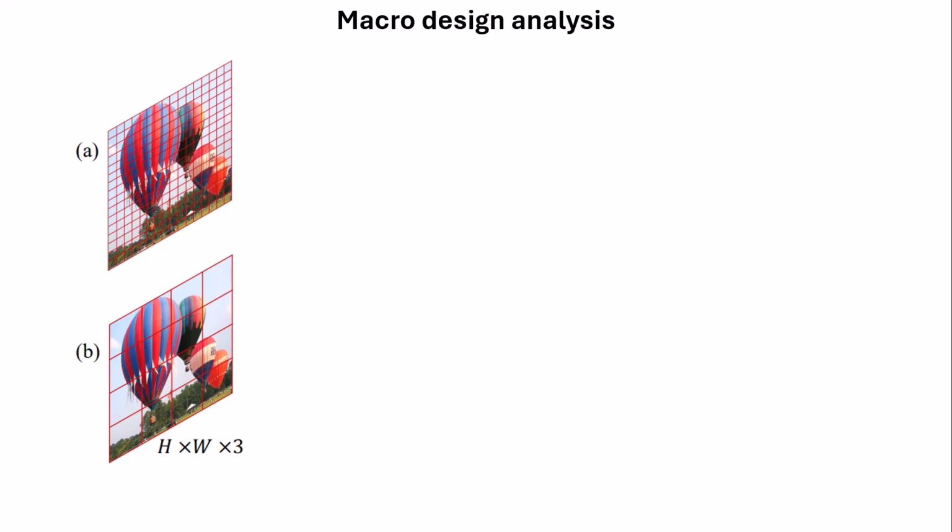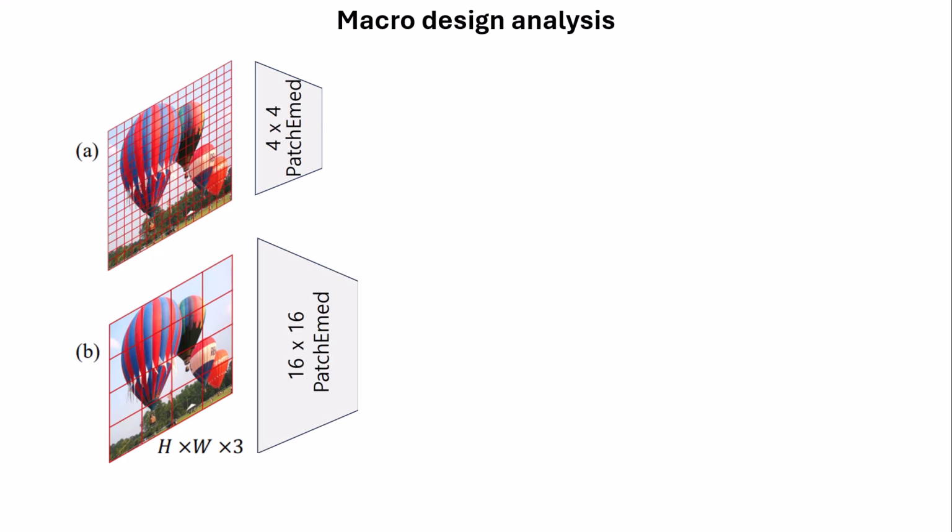In macro design analysis, they performed one interesting experiment. They picked an image and patchified it with different patch sizes. For the first design, they patchify it by 4x4 patch embedding, and for the second one, by 16x16 patch embedding. So we have larger patches, meaning that we have fewer tokens.